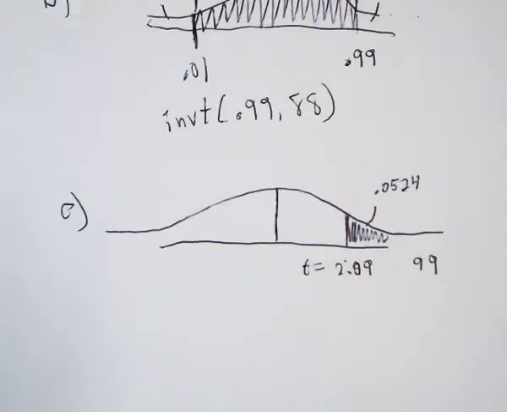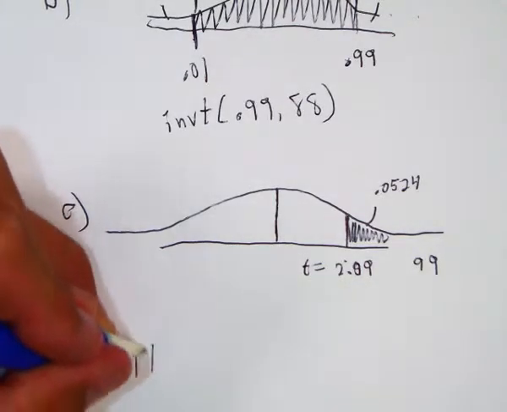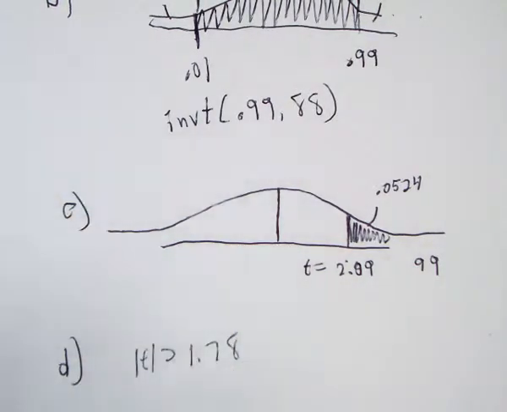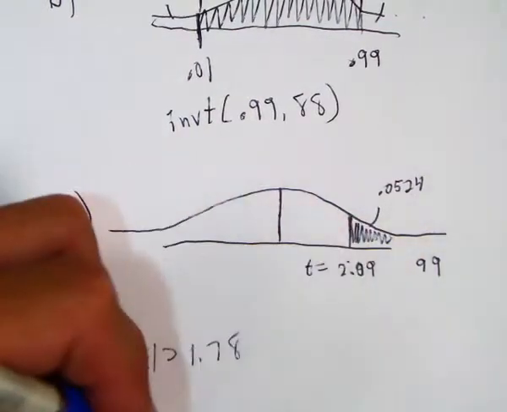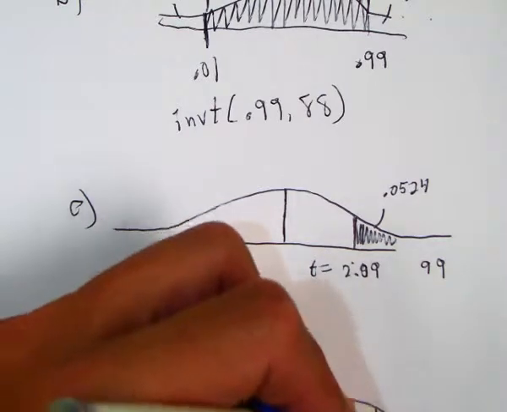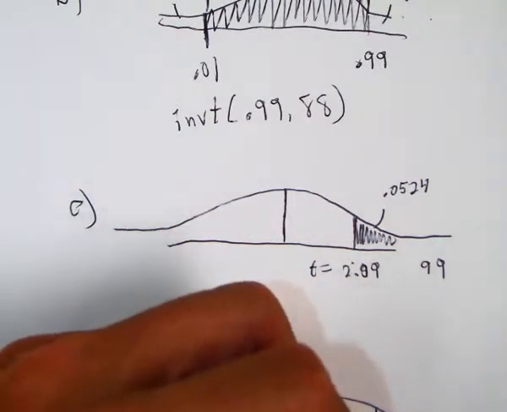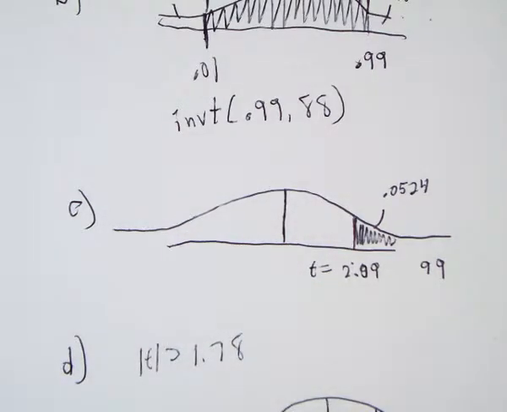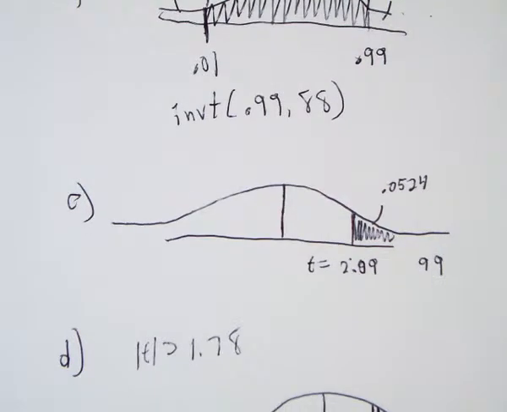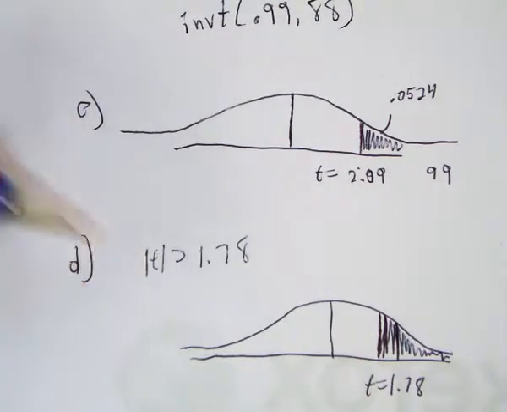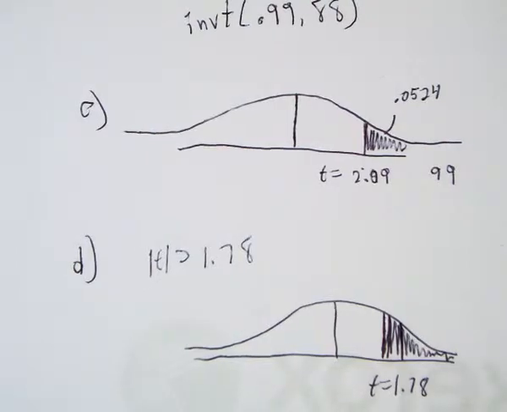Now this thing right here, don't get too hung up on this. When it has the absolute value of t is greater than 1.78, and what do we got? We got 22 degrees of freedom. Okay, so what that means is, I'm going to put that here, t equals 1.78. So what this means is when I take the absolute value of something, then it always means positive.